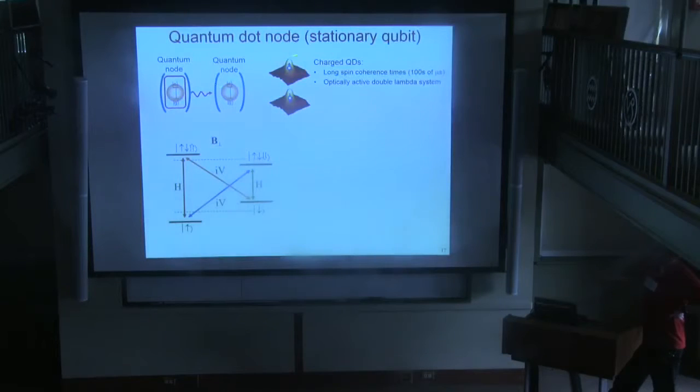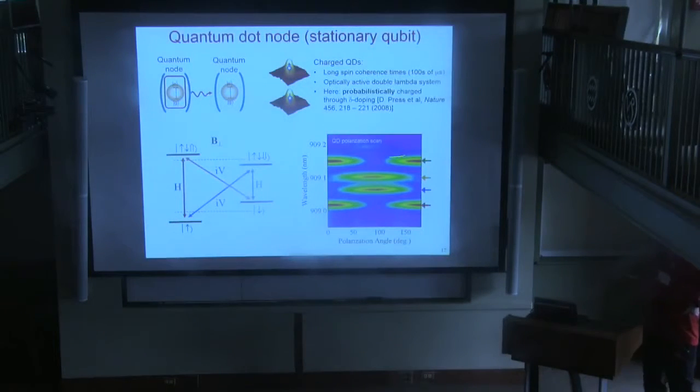If you place it in a magnetic field in Voigt geometry, you get that non-degenerate double lambda system, where you can have 4 optically allowed transitions that can be used for spin initialization, for optical coherent control, or also spin photon entanglement.